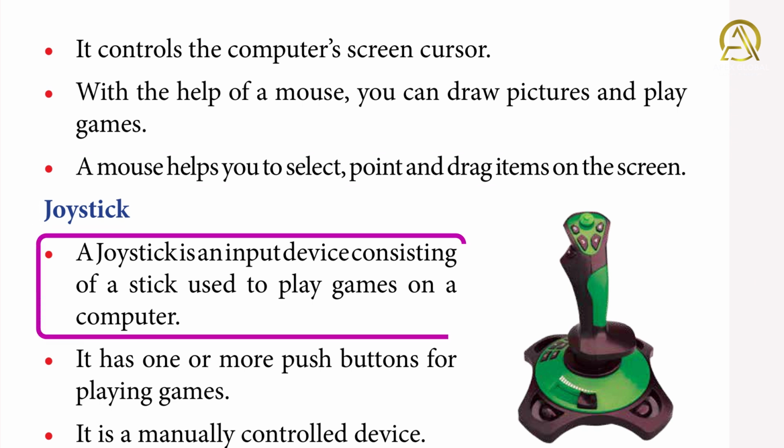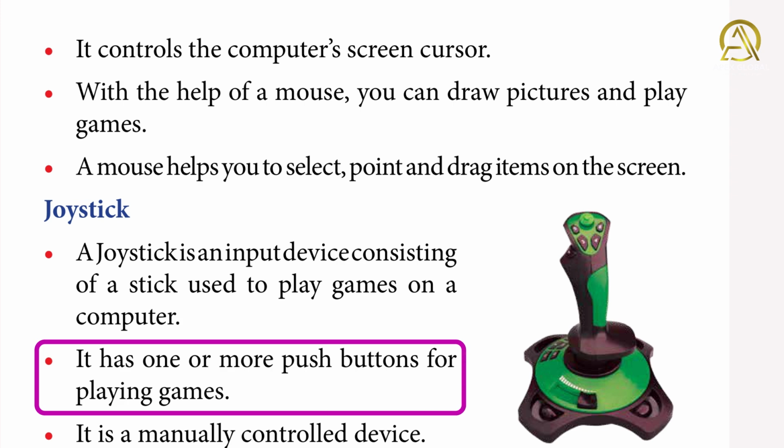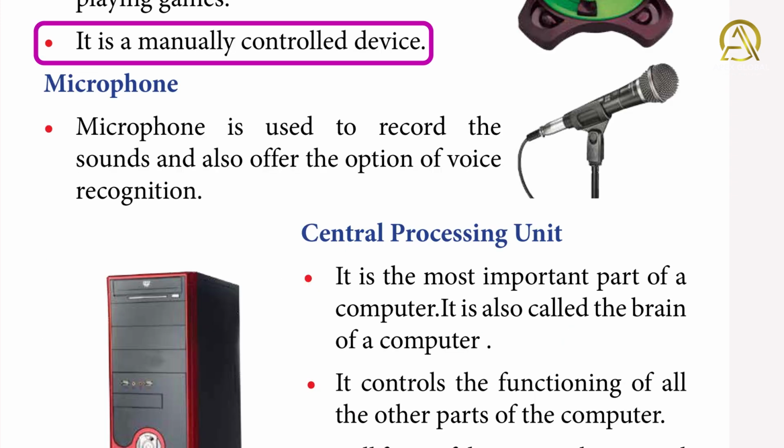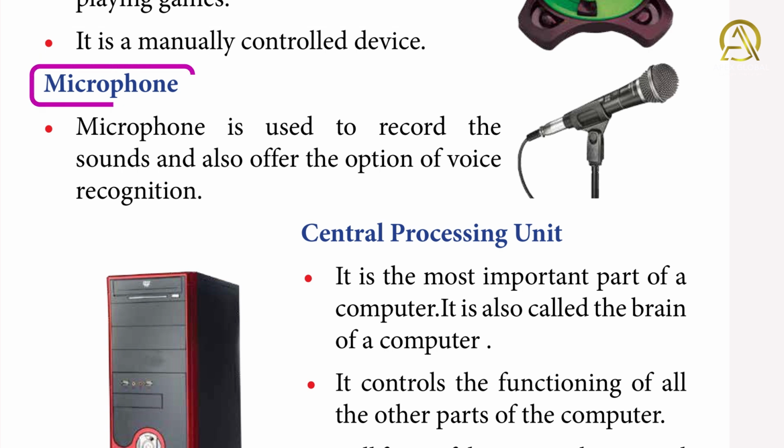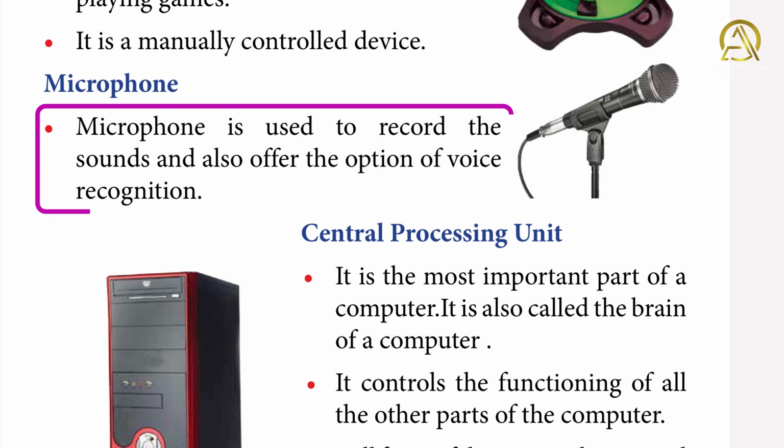A joystick is an input device consisting of a stick used to play games on a computer. It has 1 or more push buttons for playing games. It is a manually controlled device. Microphone. Microphone is used to record the sounds and also offers the option of voice recognition.